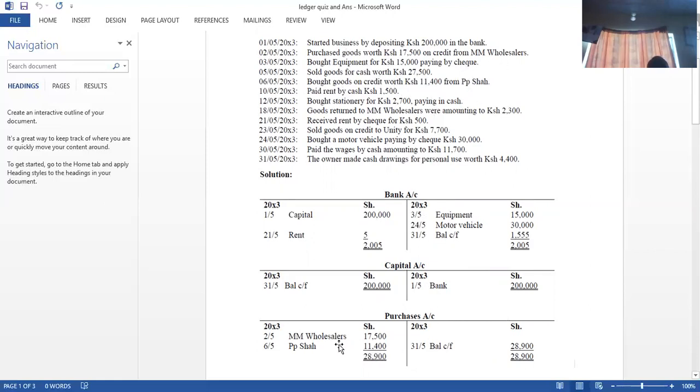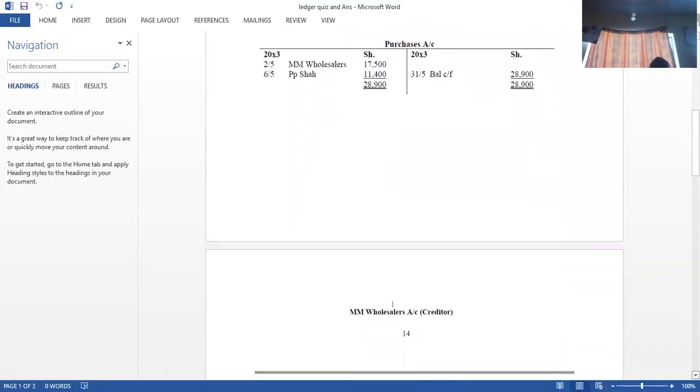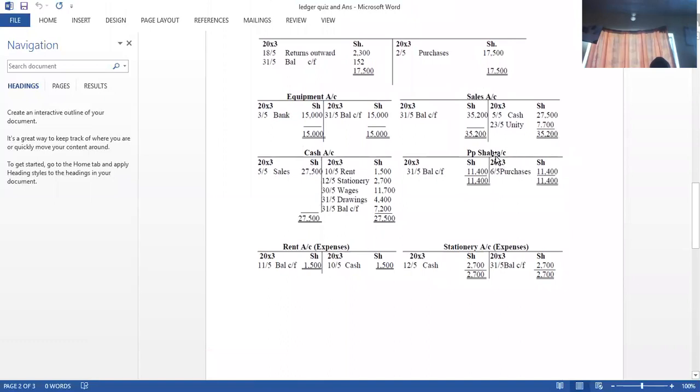So in the purchases, which is always debited, we debit by the name of the creditor, PP Shah, 11,400, sorry. And then we need to open an account for PP Shah, which is actually here. PP Shah is a creditor, and creditors will always be credited anytime we get goods from them on credit terms.